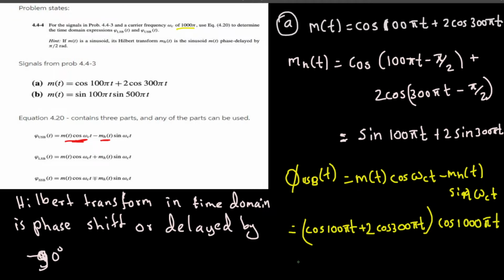And then minus mh of t, that is sin 100πt plus 2 sin 300πt, multiplied by sin omega ct, so this is going to be sin 1000πt.